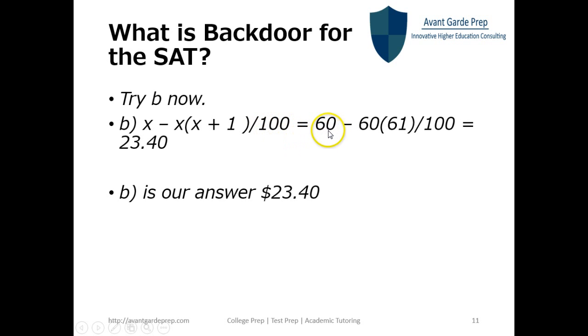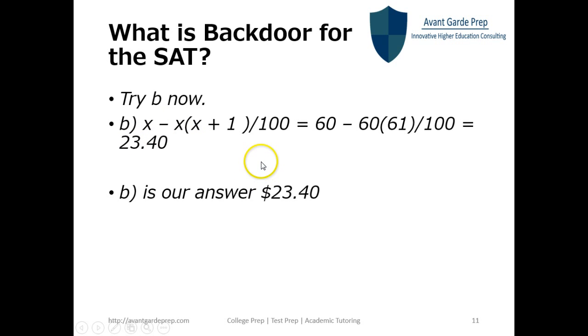Okay, let's take our value that we chose, 60 for x, plug it in, and see if we get our answer, 23.4. When we do that, it's 60 minus 60 times 61 divided by 100, and that gives us, when you do all the math, the answer that we're looking for. So we know immediately that B is going to be our correct answer.